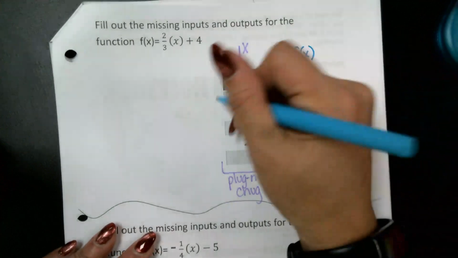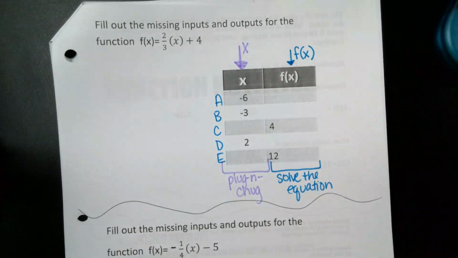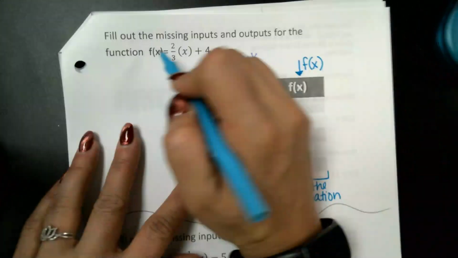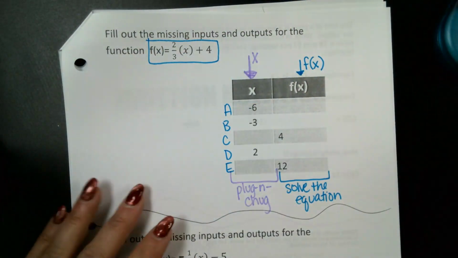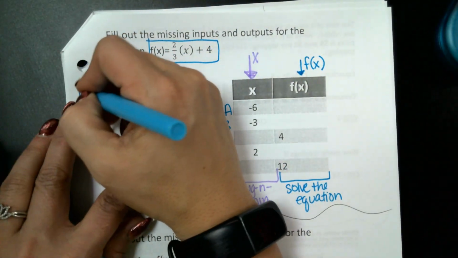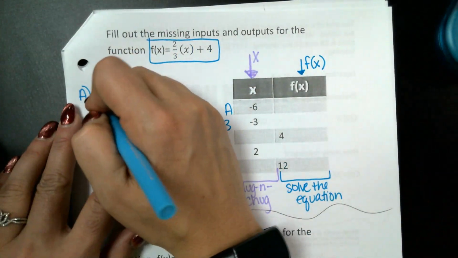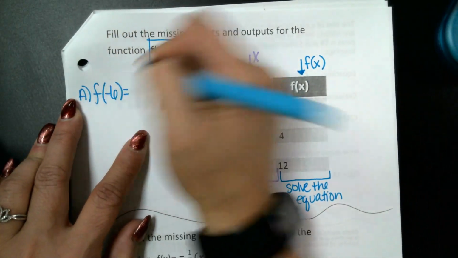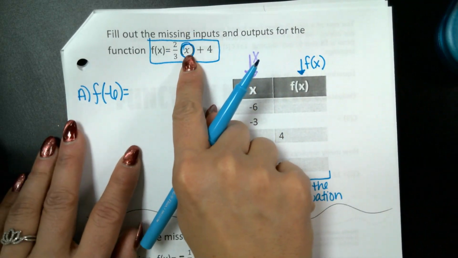So for these, let's letter them. We're going to call these A, B, C, D, and E. The function is up here. For letter A, we are going to do F of -6 equals, and then we're just replacing that X right there with the -6.